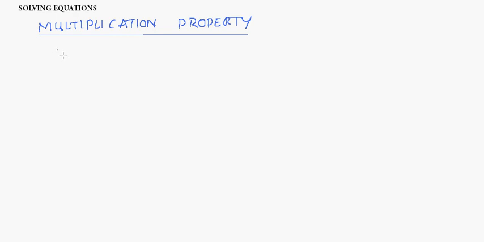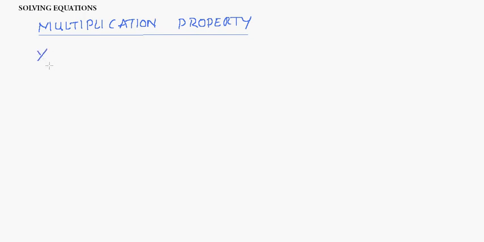We will now learn the multiplication property of equations. Using this property, each side of the equation can be multiplied by a number and the solution of the equation would not change.